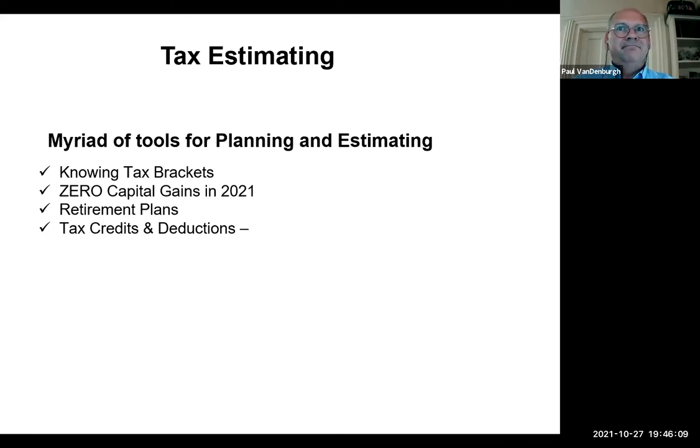Probably not such a great idea, because Uncle Sam's going to have his hand out and you're going to pay income tax on that sale. We've got a lot of tools to help with reducing the tax effect on sales, but retirement funding should be elevated on everyone's radar.